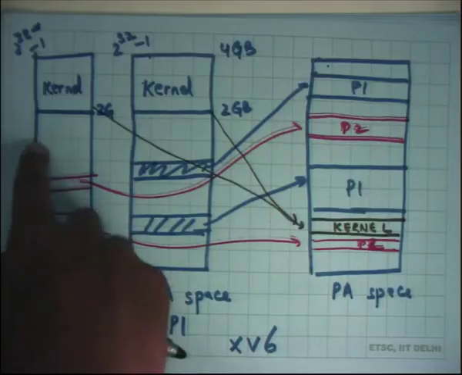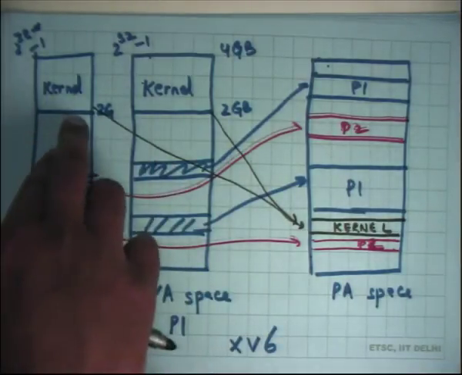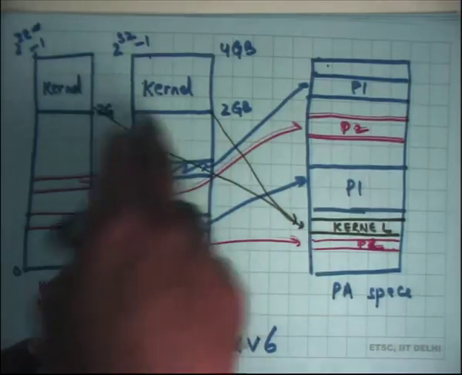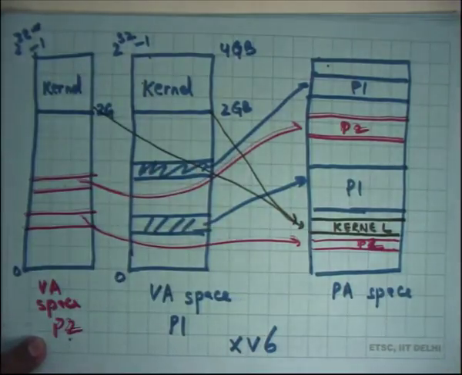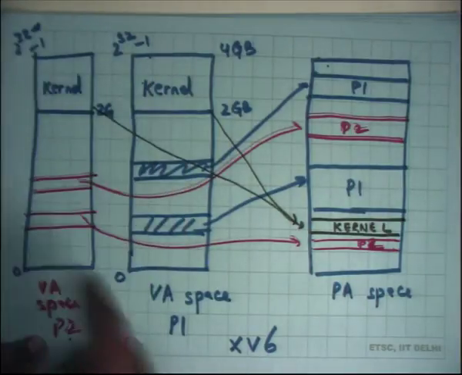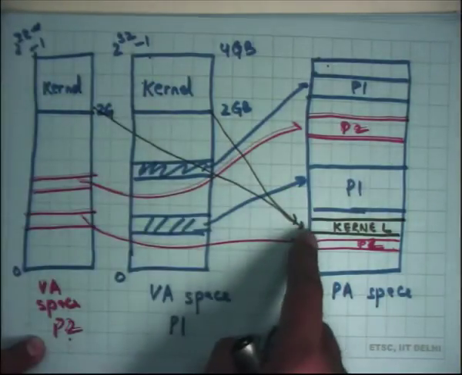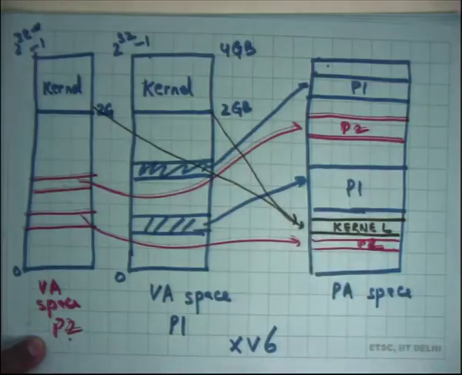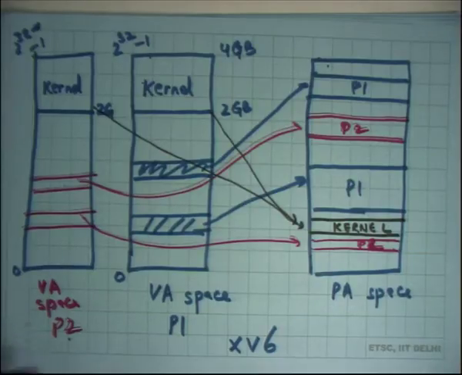But what will be common in these page tables is that there will be some entries which are for the kernel and which will always be there in all these page tables. Okay? So that's how you do it. You don't make copies of the kernel. The kernel in the physical memory is just one copy, but there are multiple processes which have this copy mapped in their address space. Okay?